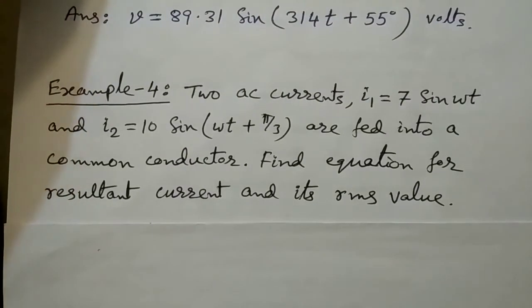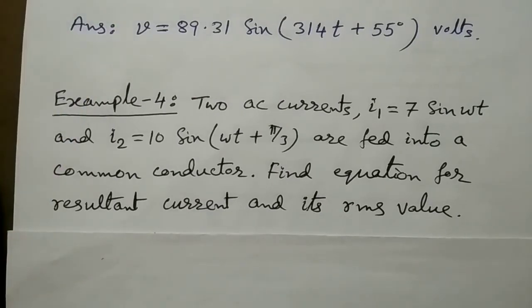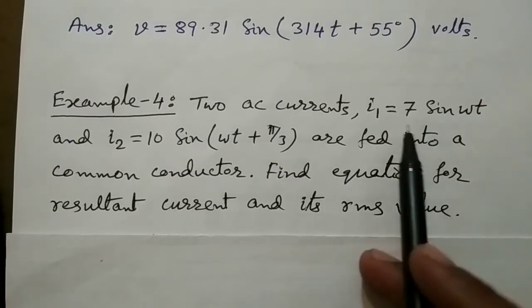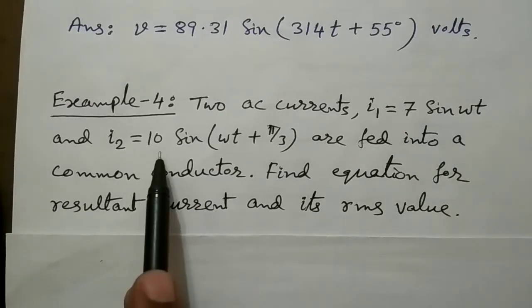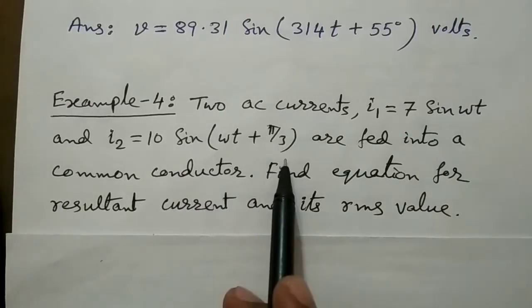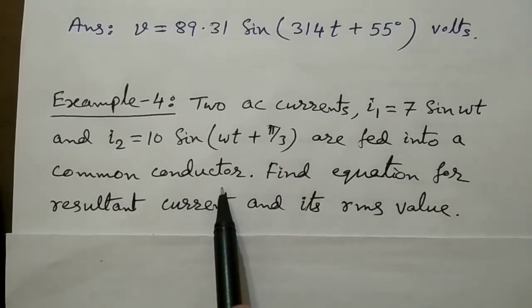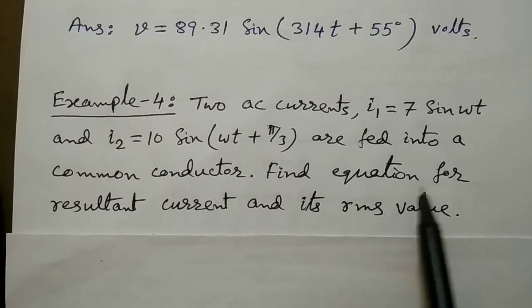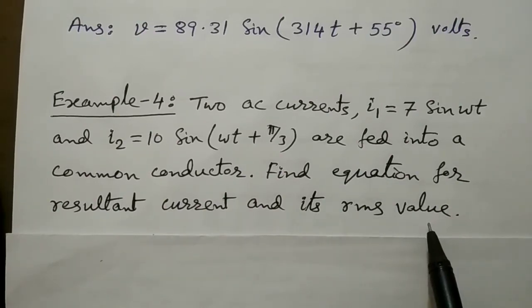In the second question, the two AC currents I1 equal to 7 sin omega t and I2 equal to 10 sin(omega t plus pi by 3) are fed into a common conductor. So find the equation for the resultant current and its RMS value.